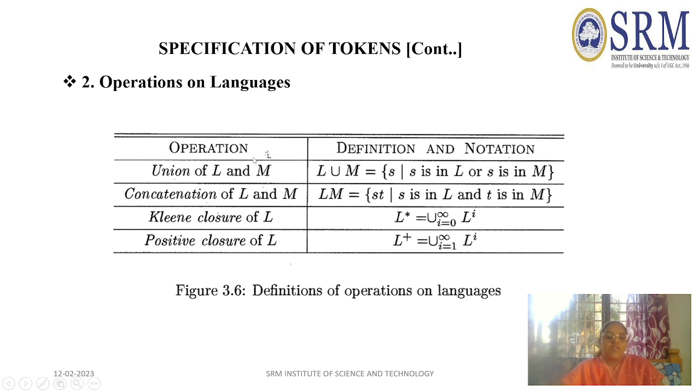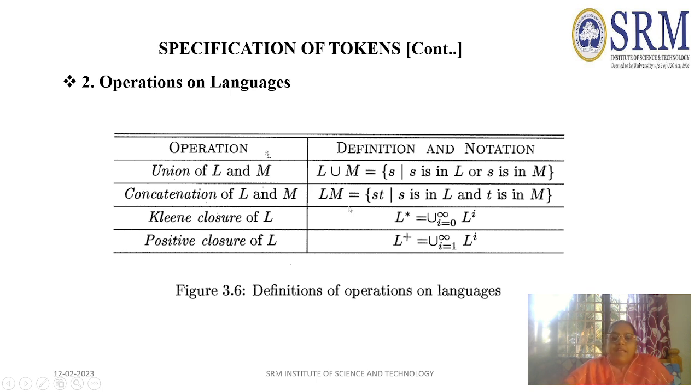Then followed by the concatenation of L and M. That is L followed by M, the language L followed by the language M, ST, where S is in L language and T is in M language.